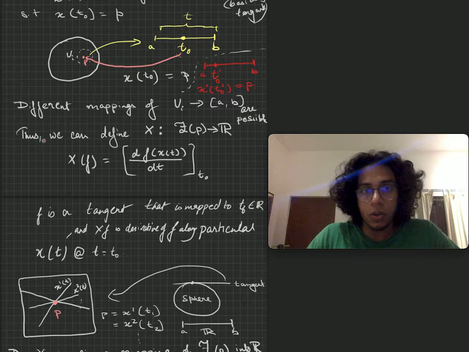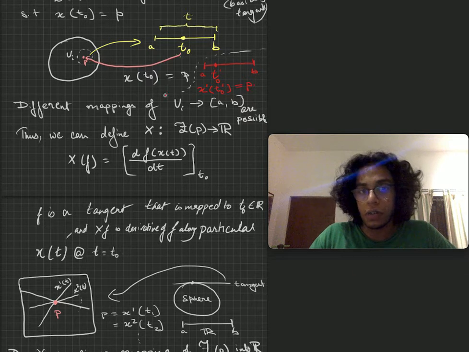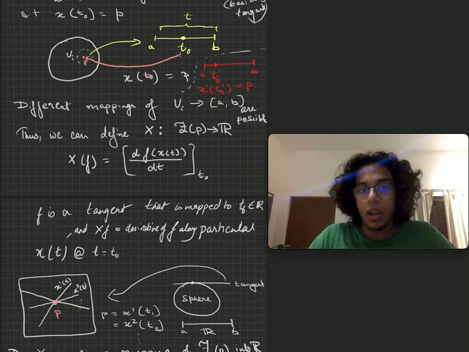Okay, so this whole space of mappings is defined by x. Okay, so x is the mapping of F of P onto R. So you have p and you have the algebra of this whole thing mapped onto a real interval. Okay, so that is what x is defined as.